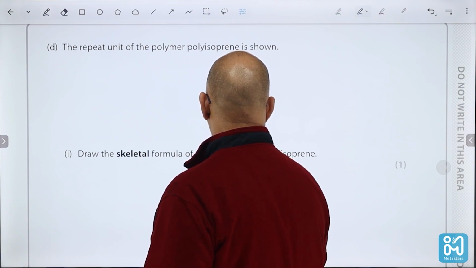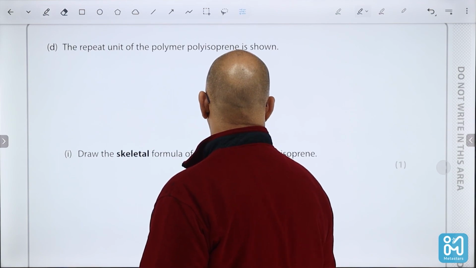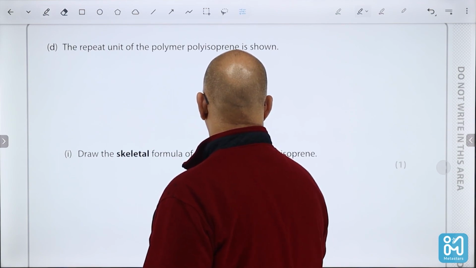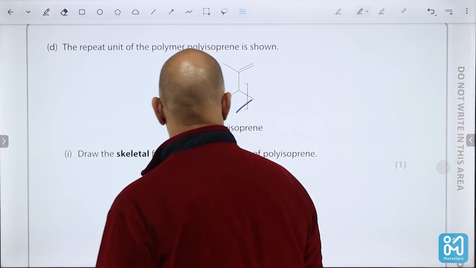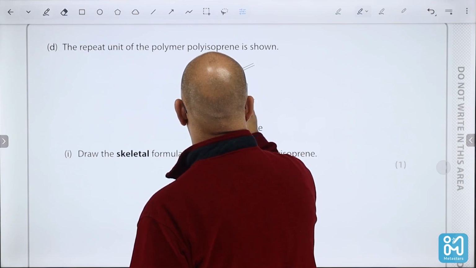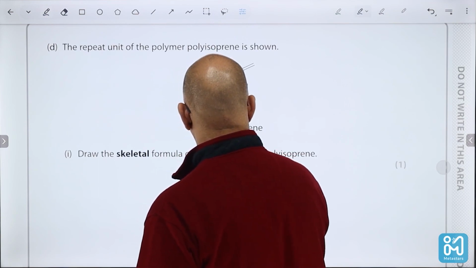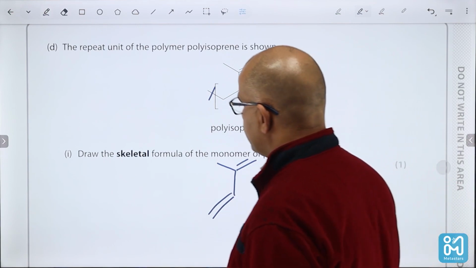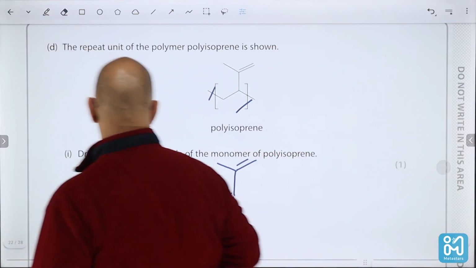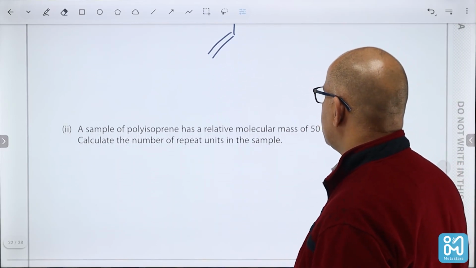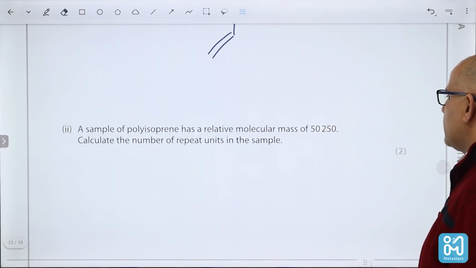It will be like that, because of the carbon-carbon double bonds, that's the structure. Okay, that's the monomer.